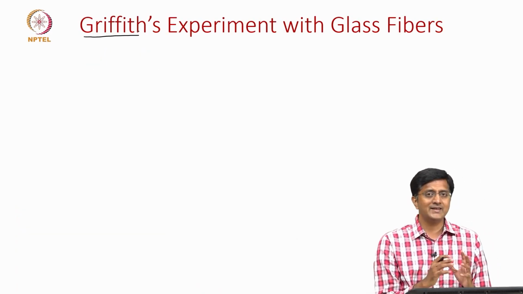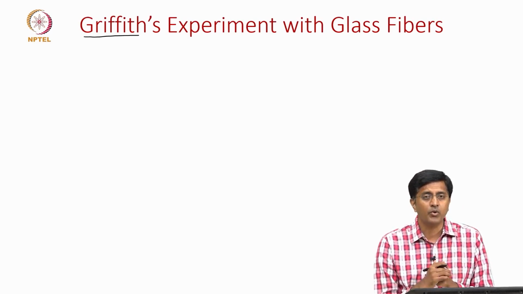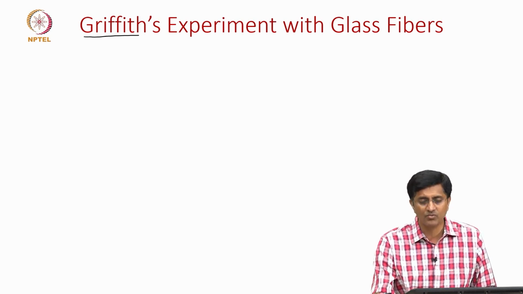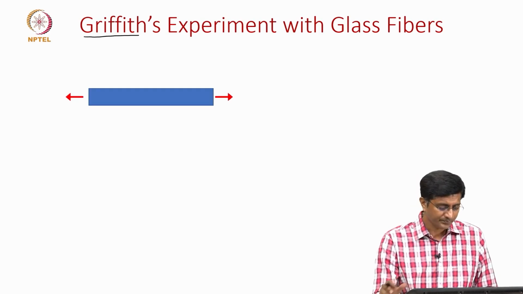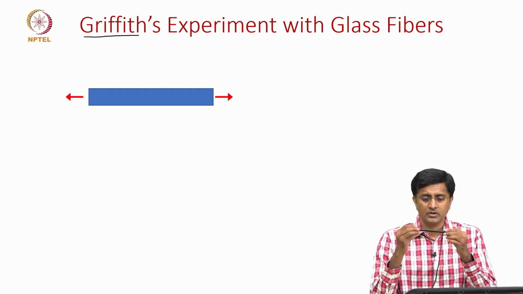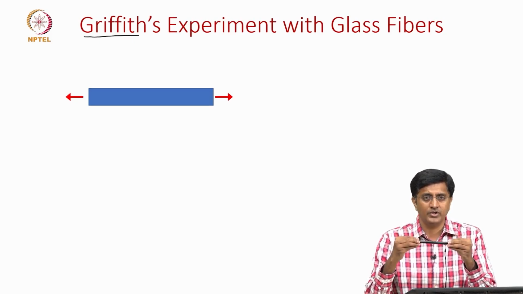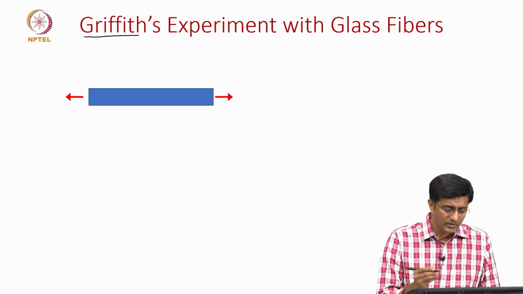Griffith did a series of experiments with glass fibers where he came up with a very important observation and an explanation for that observation. Let us see what his experiment is. He took a glass fiber and applied tensile load until total failure.